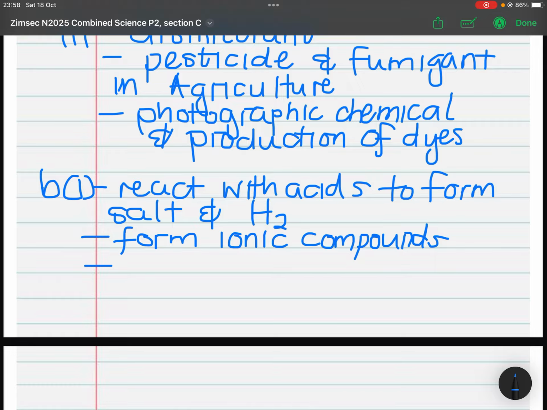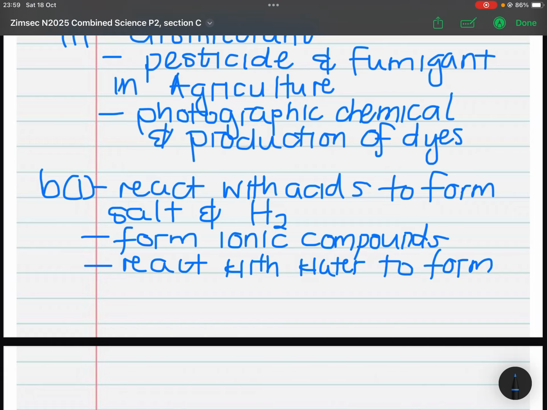And also we need to specify that they react with water. When they react with water, they are going to form hydroxides and hydrogen.